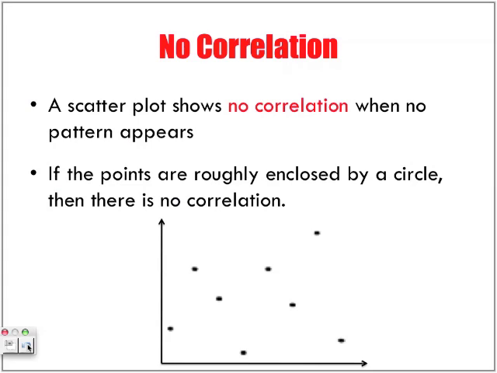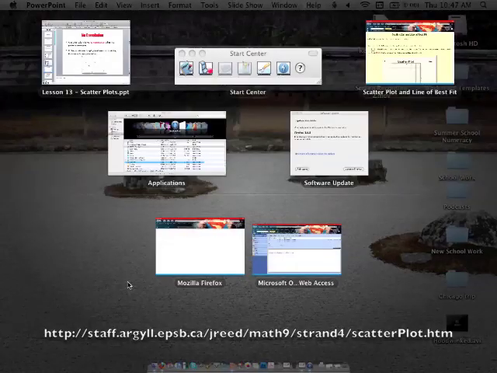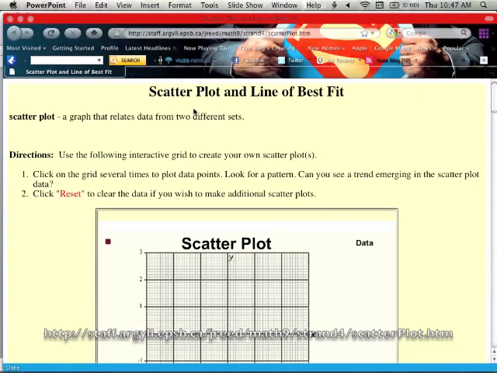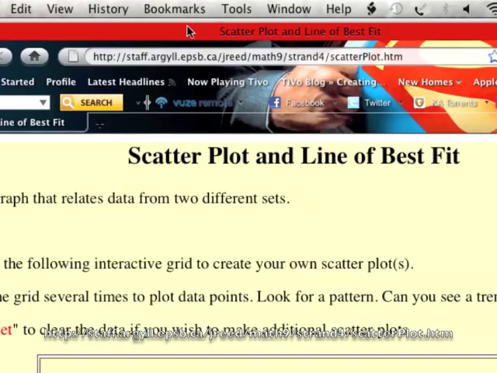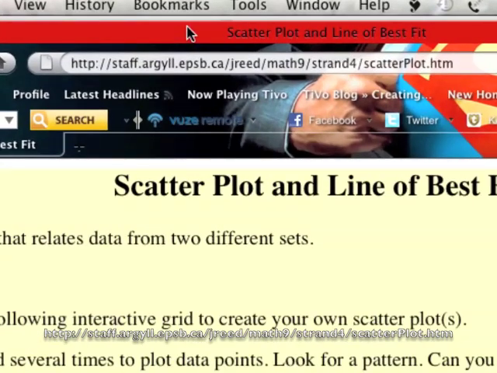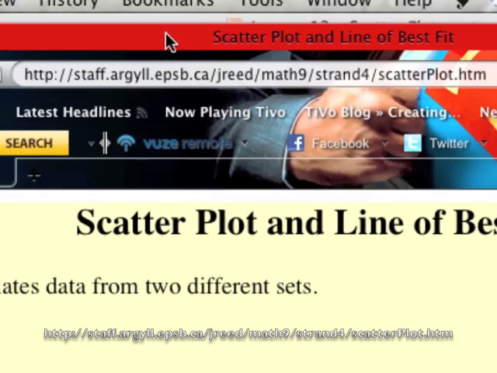Now, what I want to show you guys is a website. All right, here is the website. Let me blow this up a bit so you can jot down the website. So you can go on this website if you're struggling with some of your scatter plots.